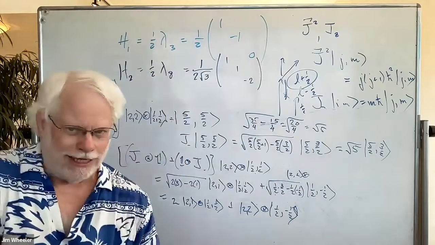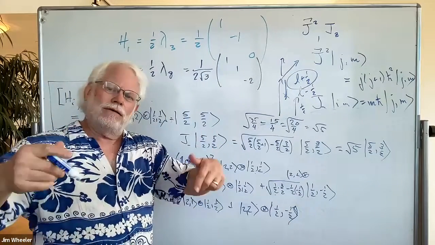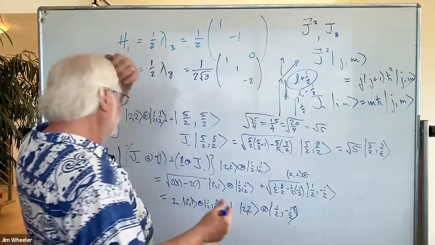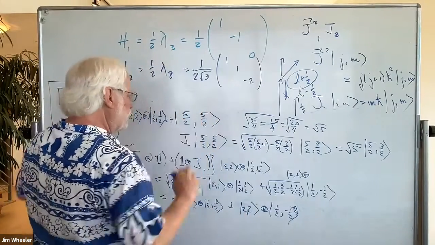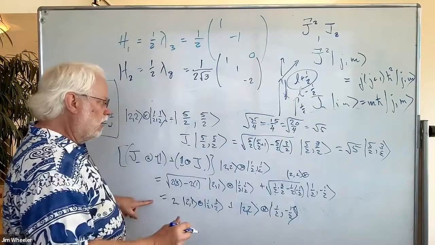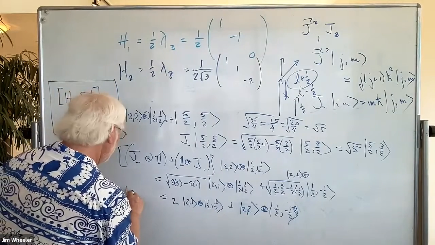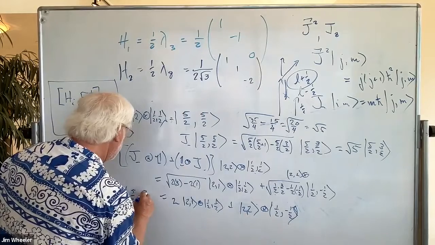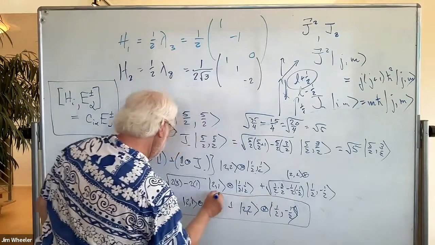So you go through all of this. It's a straightforward process, but it takes a while. So what do we do? We start with the highest state. We act on both sides with lowering operators. And now we have an equality, square root of 5 times 5/2, 3/2 is equal to all of that stuff.